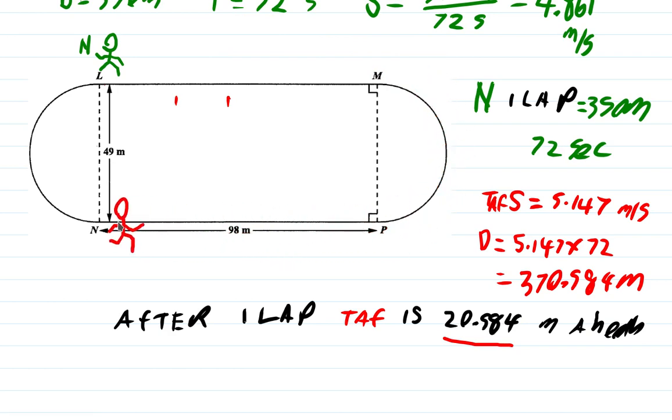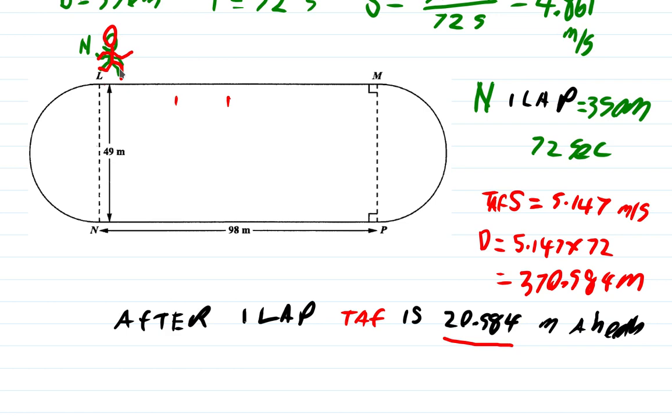Now, when it comes time that Tafari is 350 meters ahead of Nathan, then they would be side by side, right? So that's what would happen there. You see that?